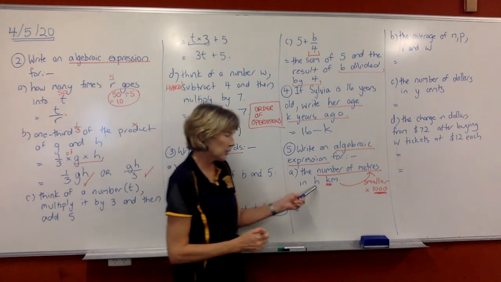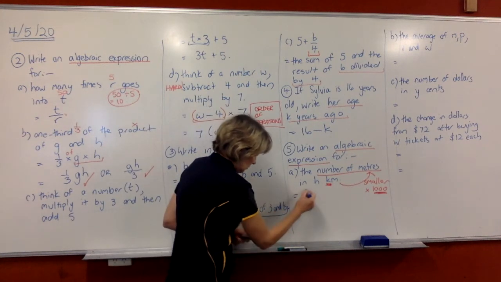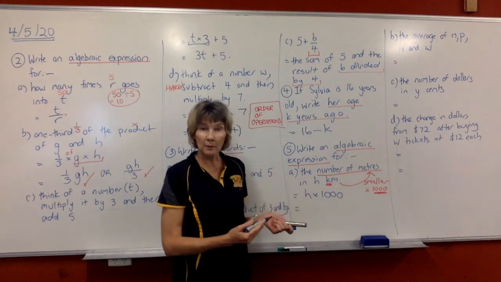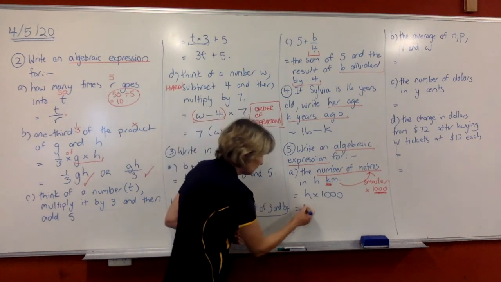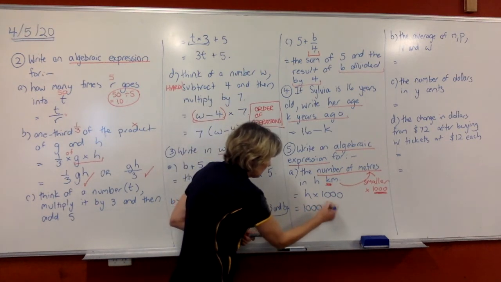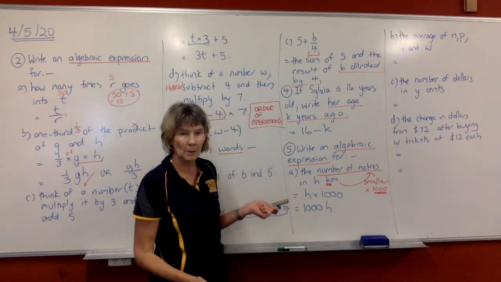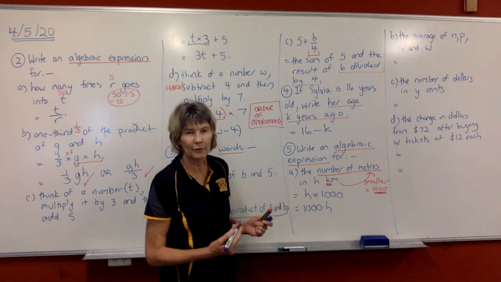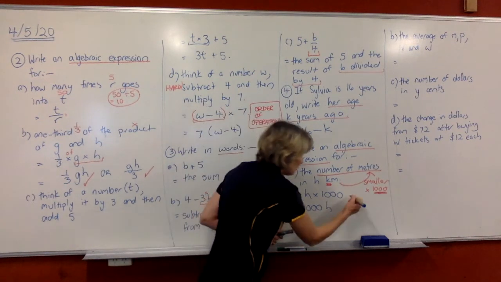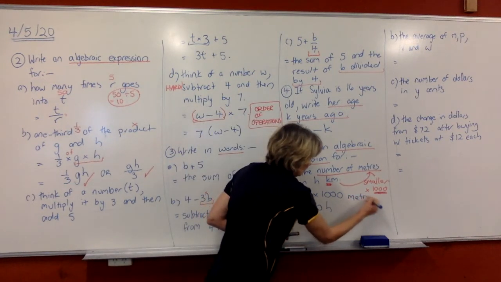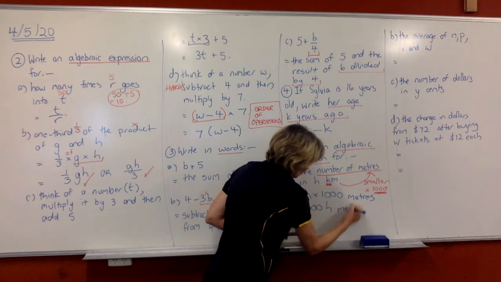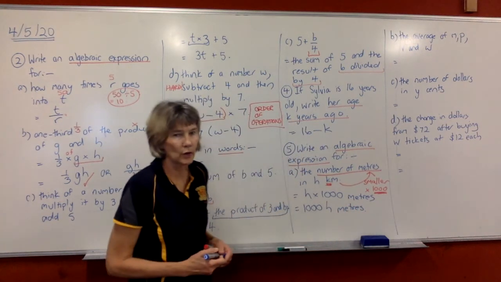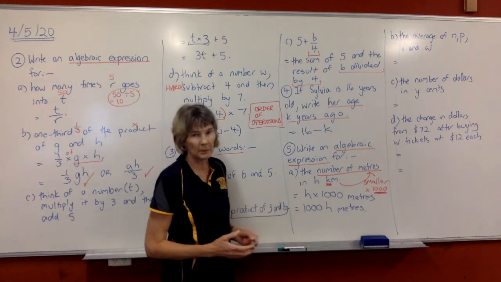Okay, so we have H times 1,000. Or if we simplify it and leave the times out, write the number first, we have 1,000H. And I would write metres on the end, not M, because it sort of gets confused with the actual expression. So you do need to know how to do conversions with your units when we're doing some of these.